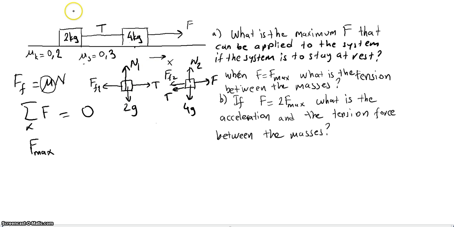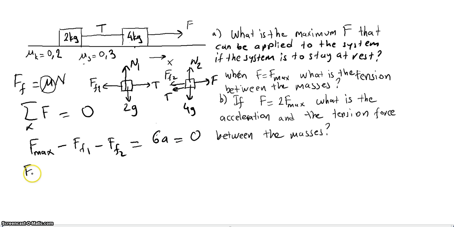So there are only frictional forces, and they are in the opposite direction, F1 minus F2, and this will be equal to the total mass of the system, which is 6 kilograms, times a, but since the system is to stay at rest, this is equal to 0.